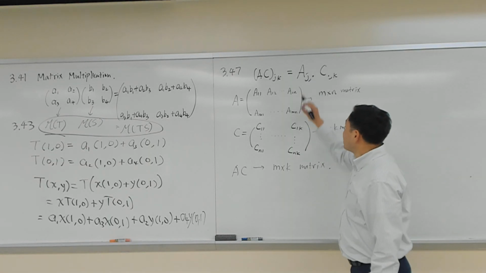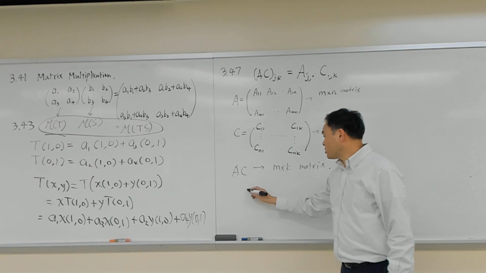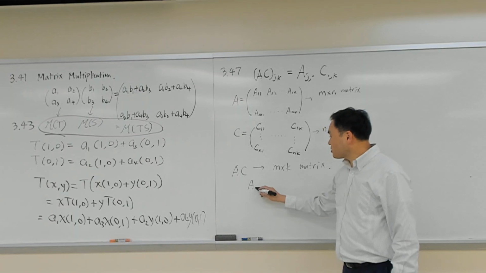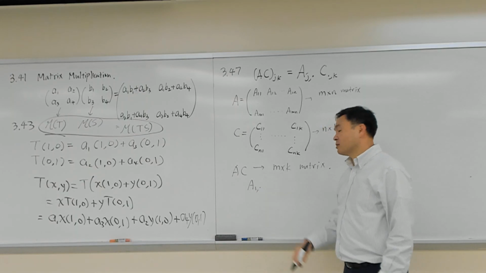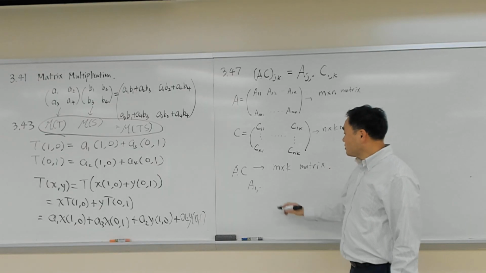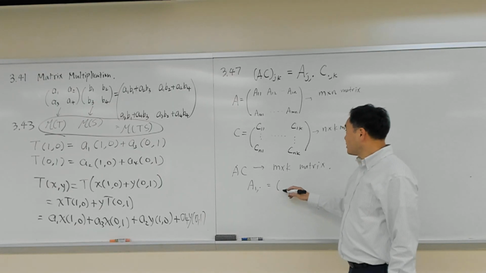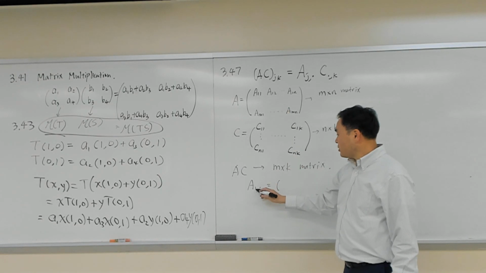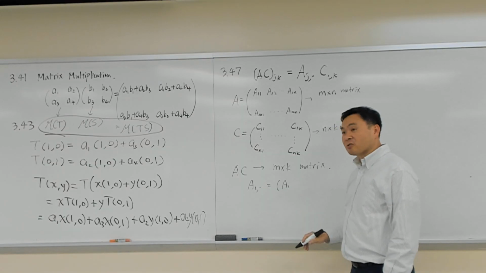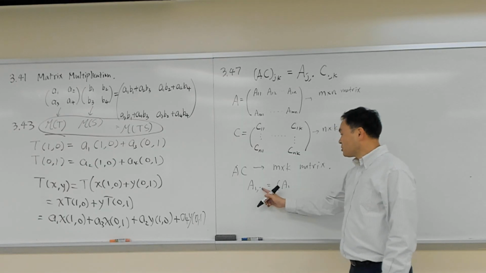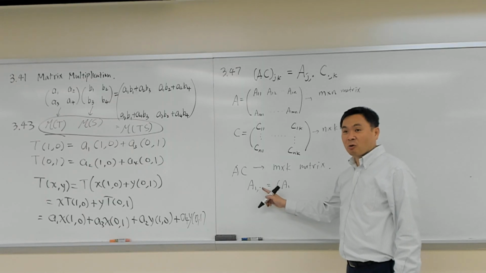Now let's talk about Aj dot. So what does this Aj dot mean? A1 dot means everything that has 1 in the first number, but the second number can change over all the possible numbers.